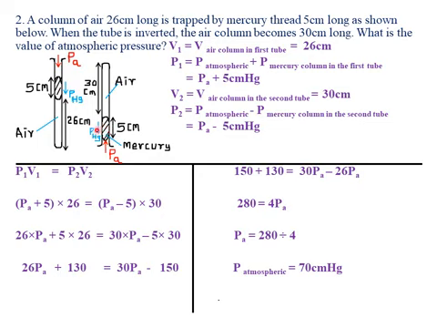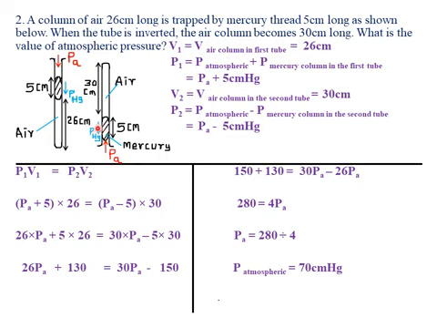Again, they are moving in opposite directions. When the tube is inverted, the atmospheric pressure acts from the opening, which is downward, therefore the atmospheric pressure will act upward, while the weight, because the pressure due to the mercury depends on the weight of that mercury, will always act downwards because it depends on gravity, which always pulls objects downwards.